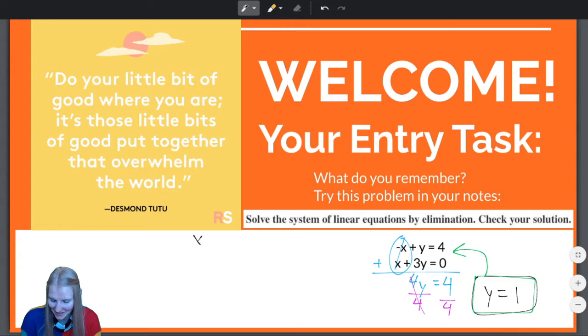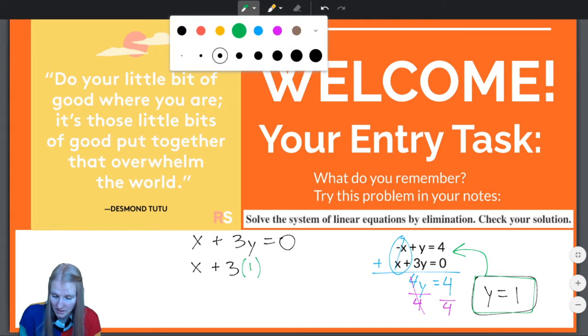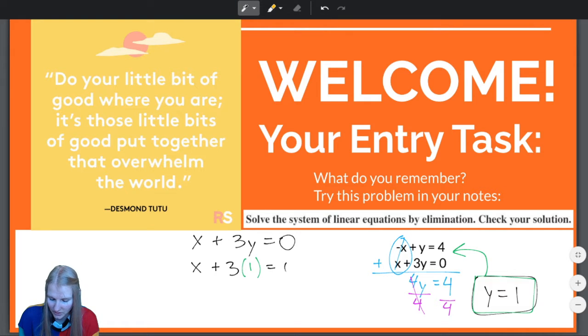So if we take the second equation, I have x plus 3y equals 0, but y is 1, so I'm going to have x plus 3 times 1 equals 0. Which gives me x plus 3 times 1 is 3 equals 0.